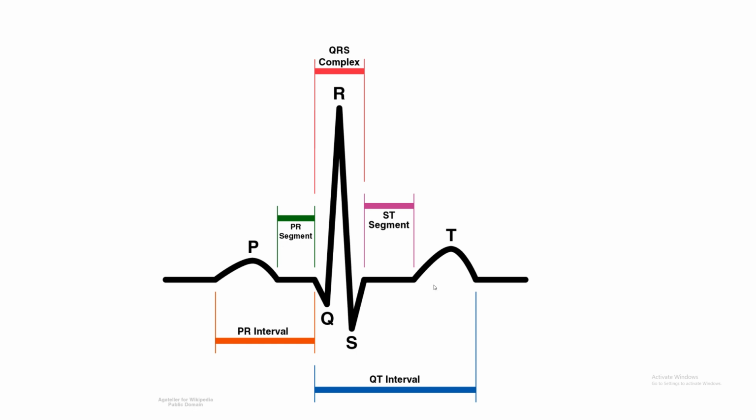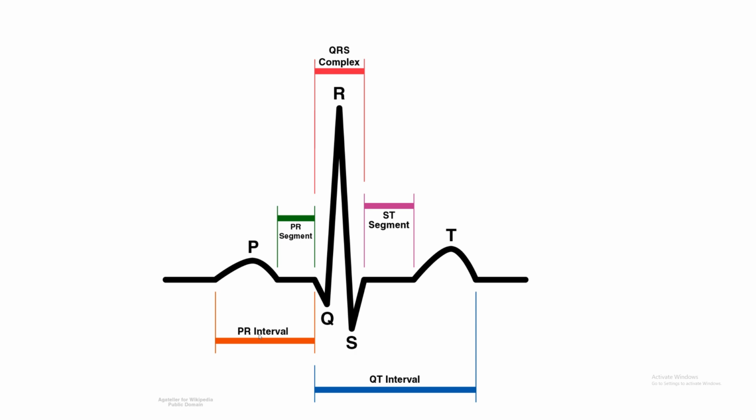So before we move on to EKGs, I have one more thing to talk about, and that is I'm going to give you the normal measurements for each one of these things here, because how you read an EKG is making sure that everything's within the proper parameters. Each one of these sections has the proper measurements.